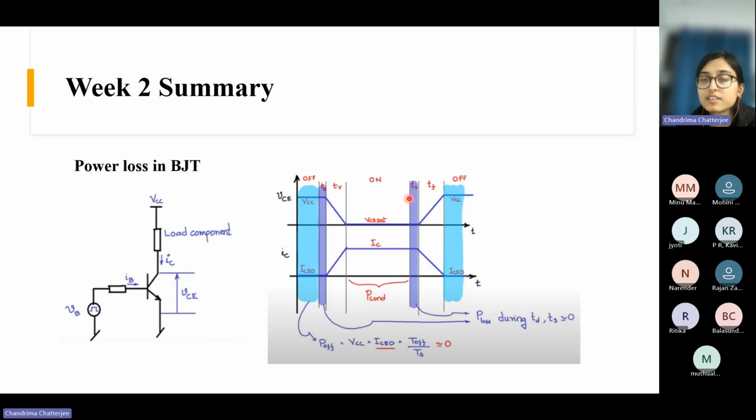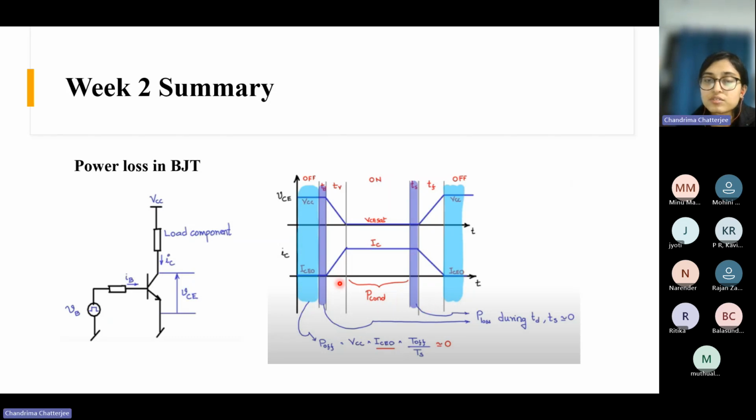After conduction, again there is this delay period. Here again the loss is almost negligible. And again there is this overlap when the transition is from on to off. Now it is transitioning from on condition to off condition. So the opposite case we will see here, the voltage is rising and the current is falling, opposite to this transition. So there is again an overlap, and we will see how we will compute the losses.